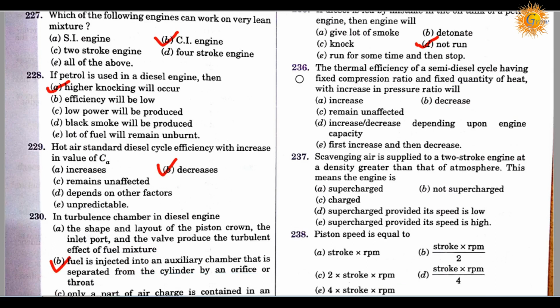Question number 236. The thermal efficiency of a semi-diesel cycle having fixed compression ratio and fixed quantity of heat with increase in pressure ratio will: option A, increase; option B, decrease; option C, remain unaffected; option D, increase or decrease depending upon engine capacity; option E, first increase and then decrease.